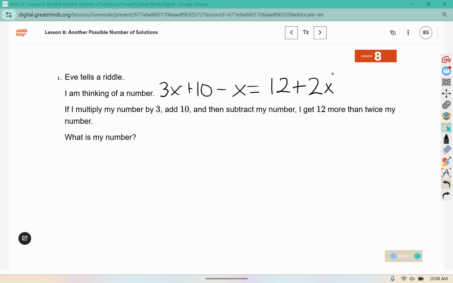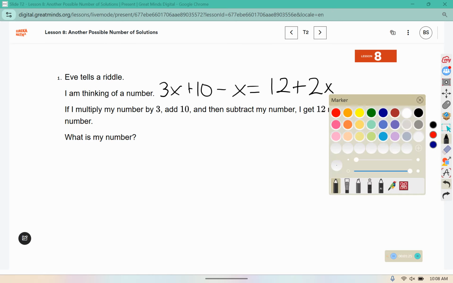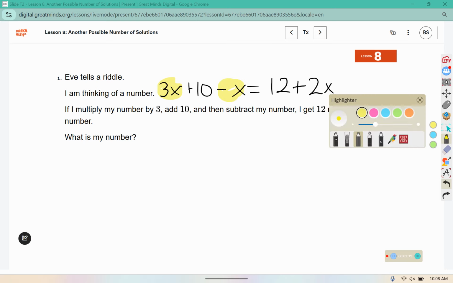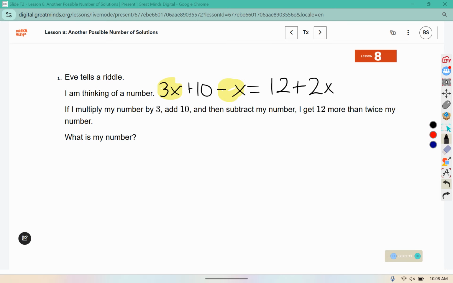What is my number? So here I have the expression or the equation written out. I'm going to start by combining like terms. They have to be on the same side of the equal sign. So I have 3x and negative x make 2x. And then on the right, I have 12 plus 2x.